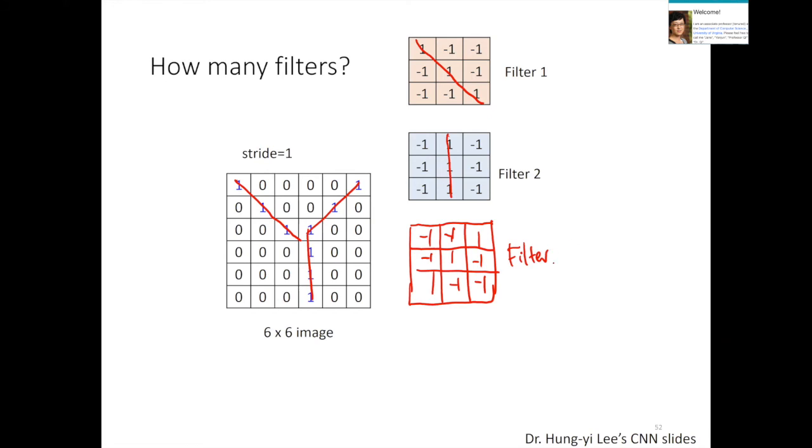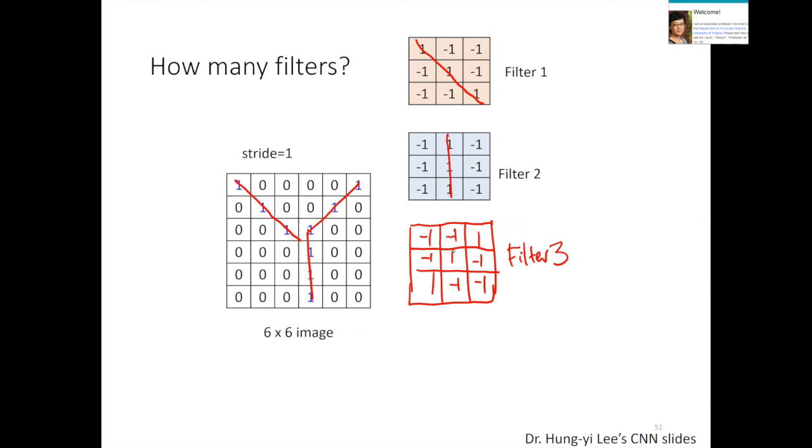So really, how many filters do you need? It depends. There's no generic number that works for everything. It depends on how complex your image really is, and the fundamental task you try to solve. Because this one is so simple, maybe 3 filters is enough.